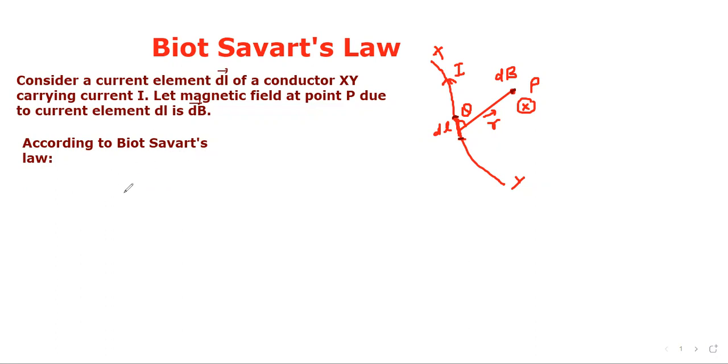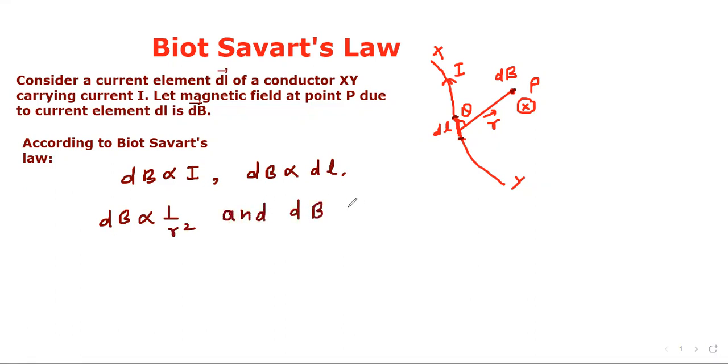According to Biot-Savart's law, the magnetic field dB is directly proportional to current. dB is also directly proportional to the length of the current element. dB is inversely proportional to the square of the distance, and dB is directly proportional to sine theta.